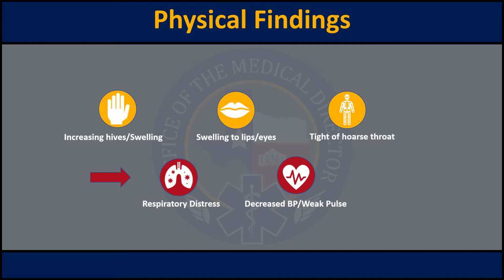If left untreated, severe reactions may become anaphylaxis. This can be identified if the patient begins to experience respiratory distress with wheezing, repetitive cough, or difficulty swallowing. The patient may also become hypotensive with tachycardia and begin showing signs and symptoms of shock.